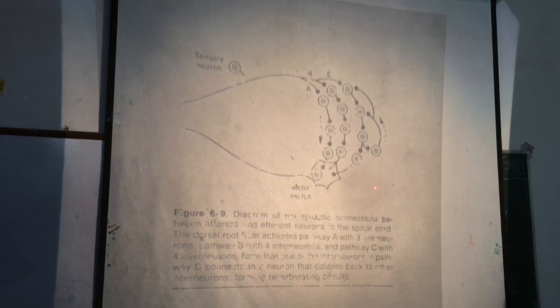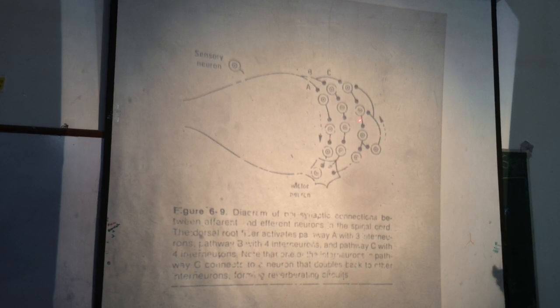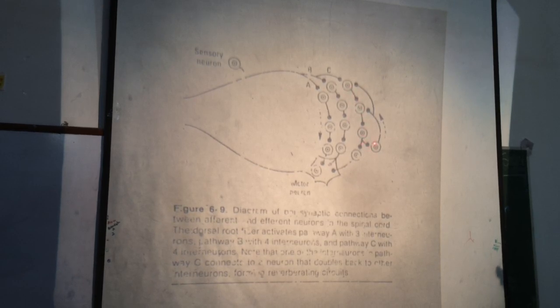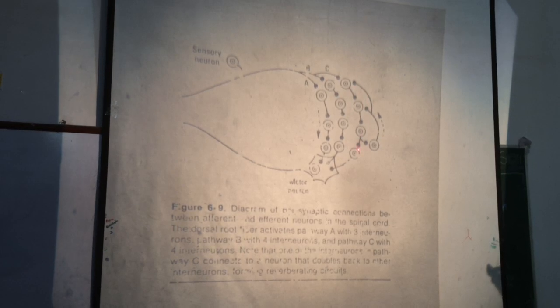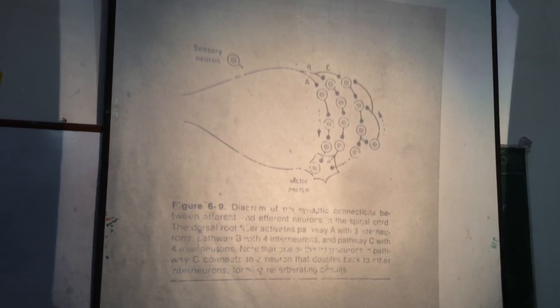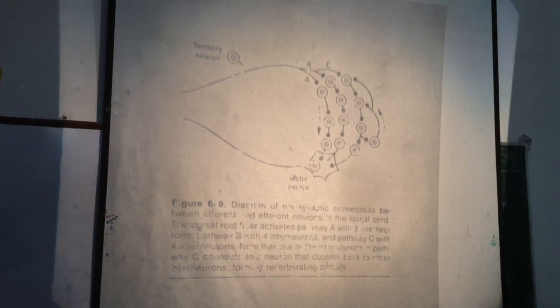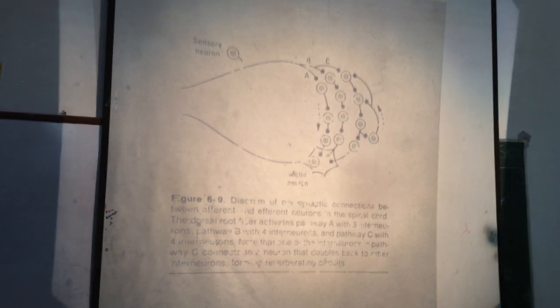The other mechanism is reverberating circuits. The nerve impulse is coming along this pathway, it is turned back and again comes along this pathway. So because of the reverberating pathway, there will be after discharge.